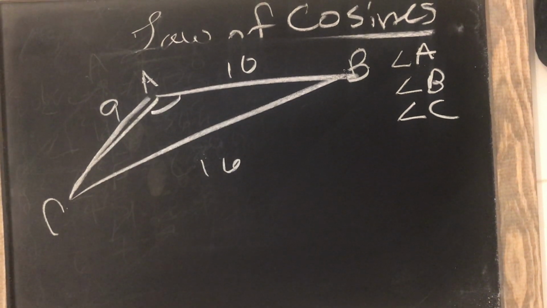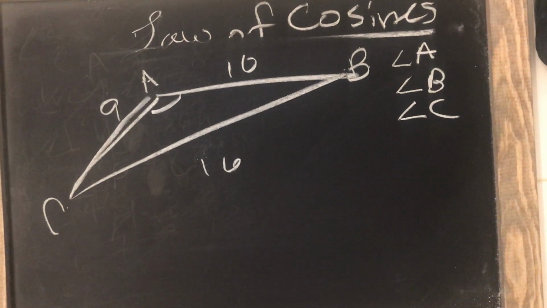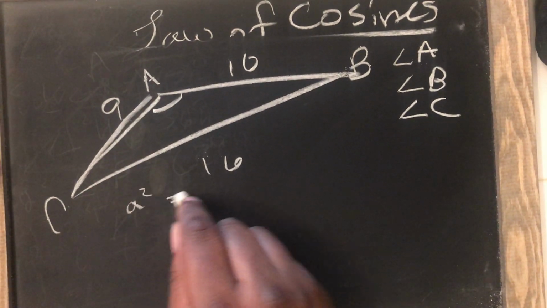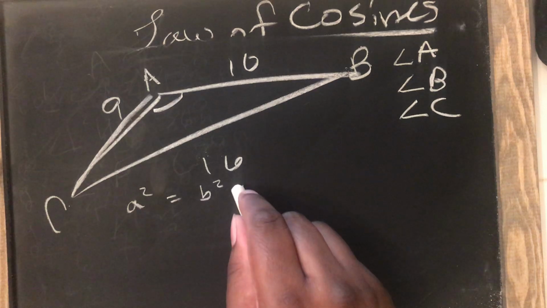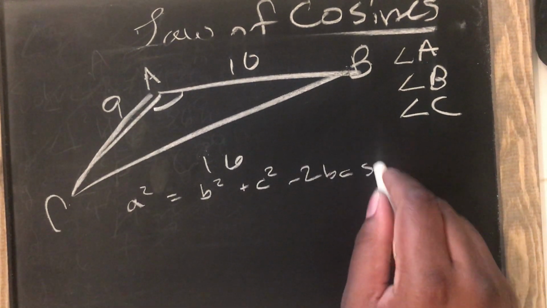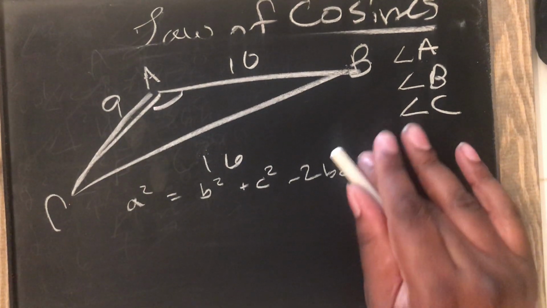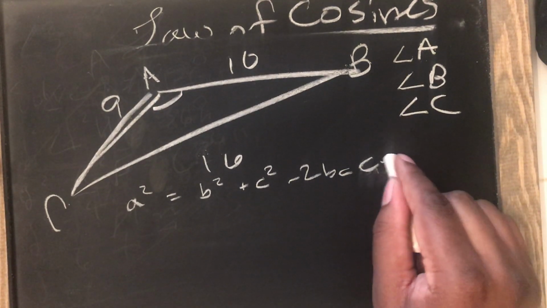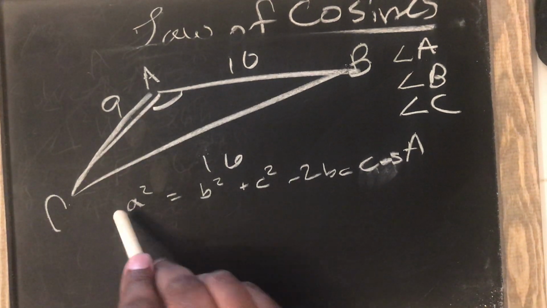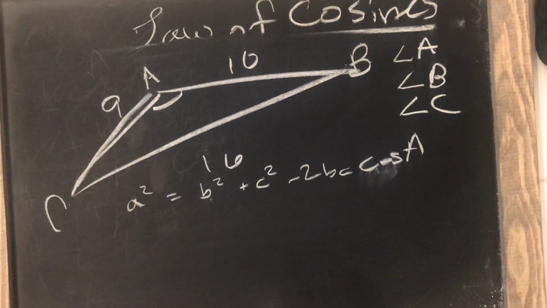To do angle A, let's think. We've got the formula little a squared equals b squared plus c squared minus 2bc cosine of big A. We don't know what big A is, but we do know what a, b, and c are.